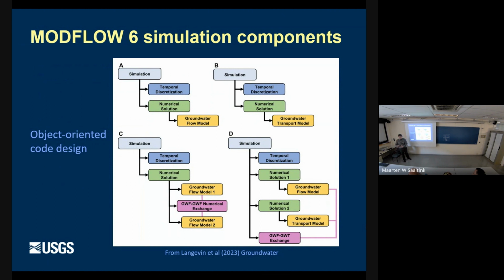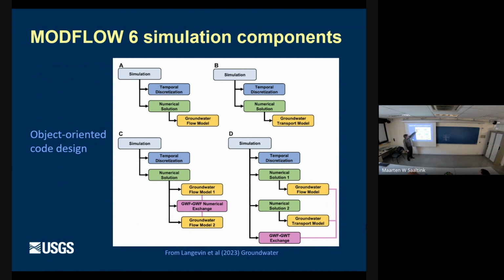That implementation is pushed down. But when you're looping over models or you're looping over packages within a model, it's done in a very generic way. And that's the benefit of the object-oriented design. You don't have to rewrite the same darn code over and over again, just with different package names or different model names, or different model types hardwired in, right? It can be done in a general way.